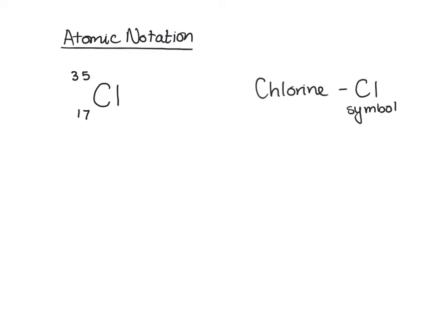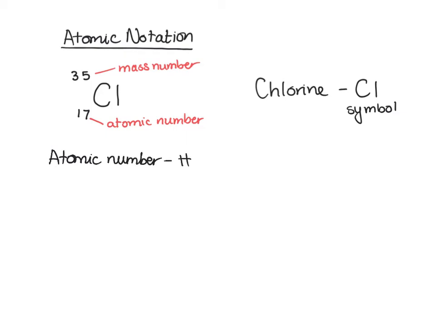The number at the top in this example is referring to the mass number, and the number at the bottom is referring to the atomic number. So what are these numbers really referring to? The atomic number, which you see here at the bottom, is actually telling you how many protons are in the atom. So the atomic number is really giving you information about the element that you're looking at.